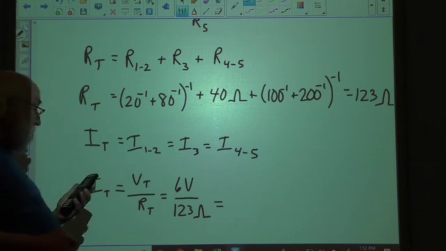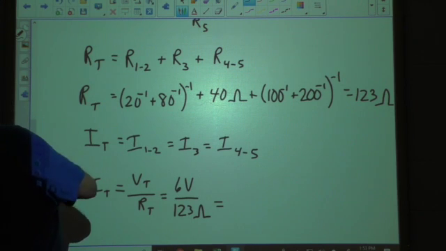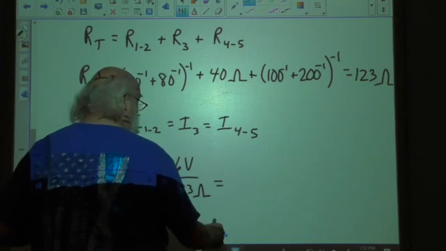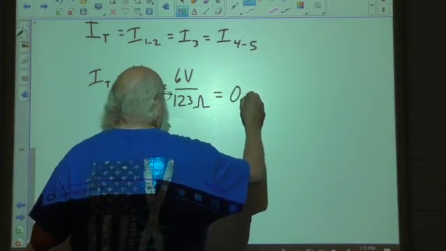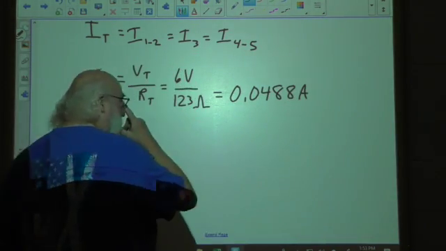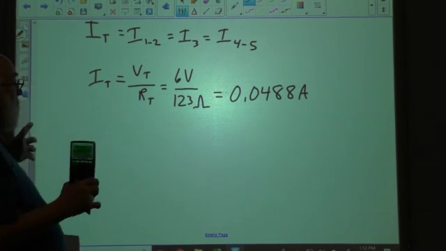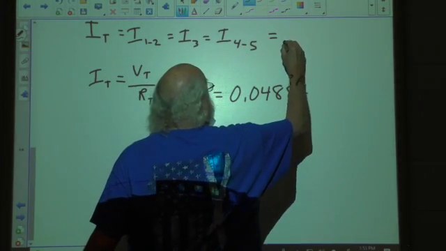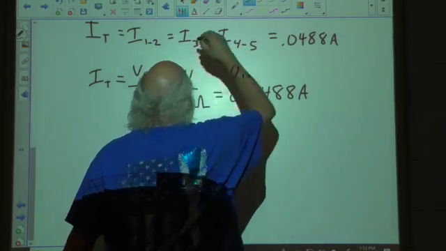And that's going to be 0.0488 amps. Okay, so that means then that we put 0.0488 amps for each system.